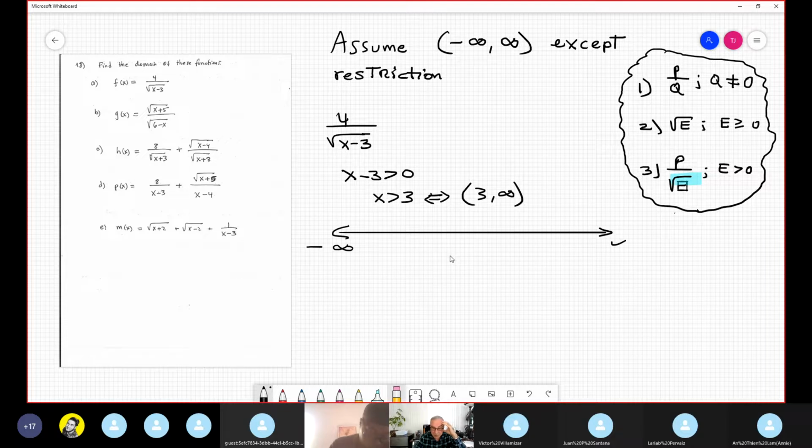This is positive infinity. This is 0 in the middle. And 3 is 1, 2, 3. And what direction? It's to the right because it's greater than 3. And of course, the problem does not include 3 because I don't see any equal sign. No equal sign means it's a parenthesis. It's from 3 to infinity, exactly the same idea.